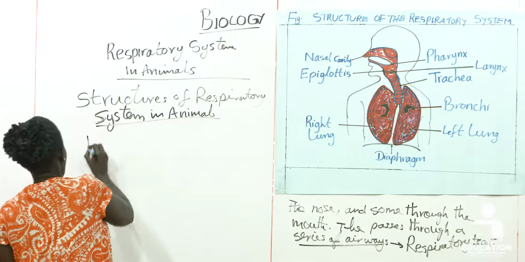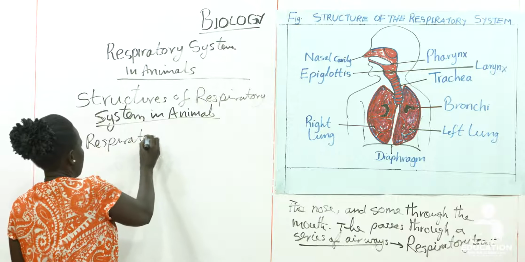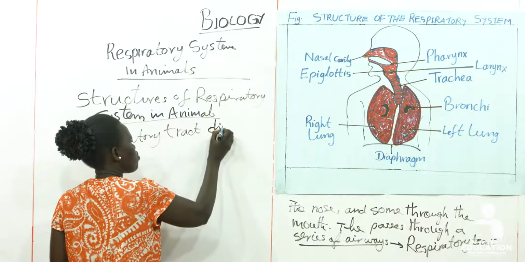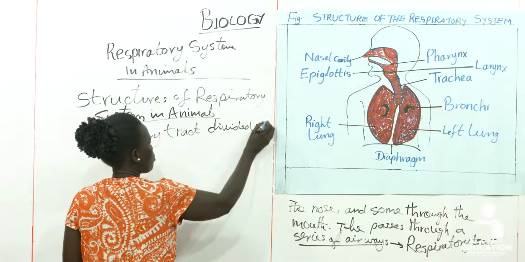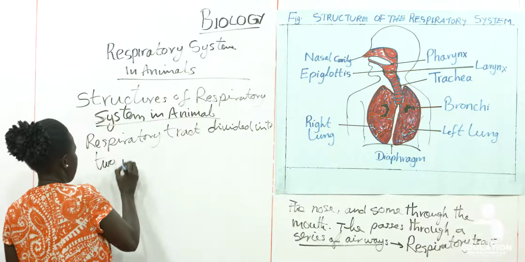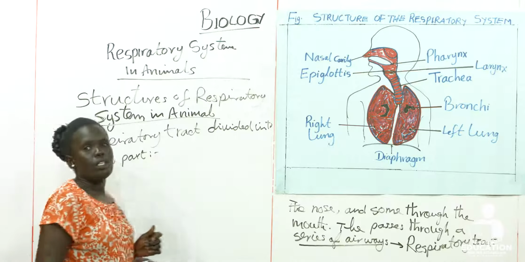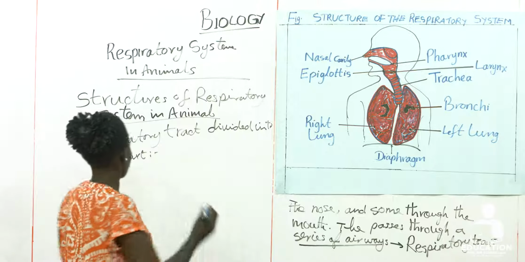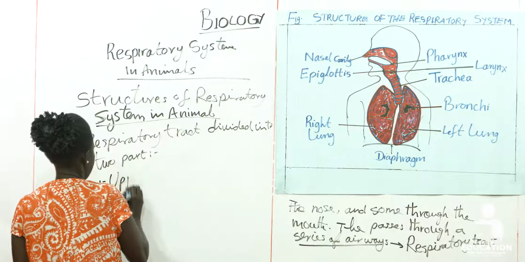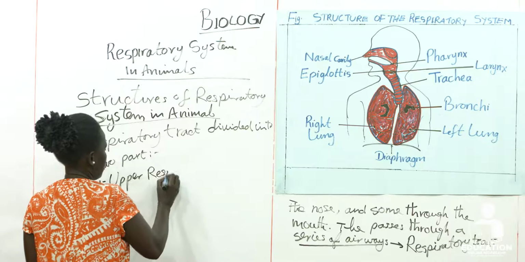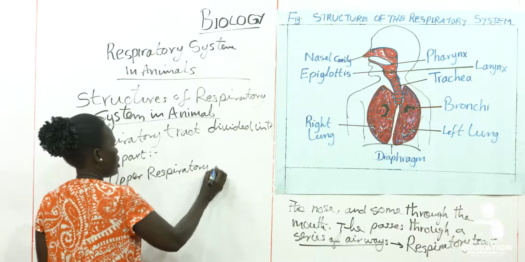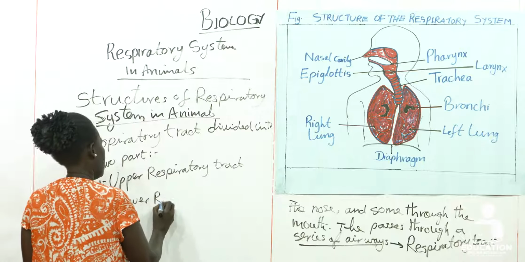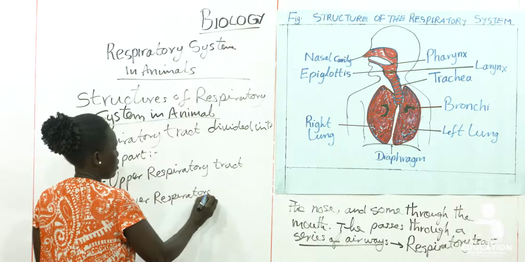We said that the respiratory tract is divided into two parts: the upper respiratory tract and the lower respiratory tract.